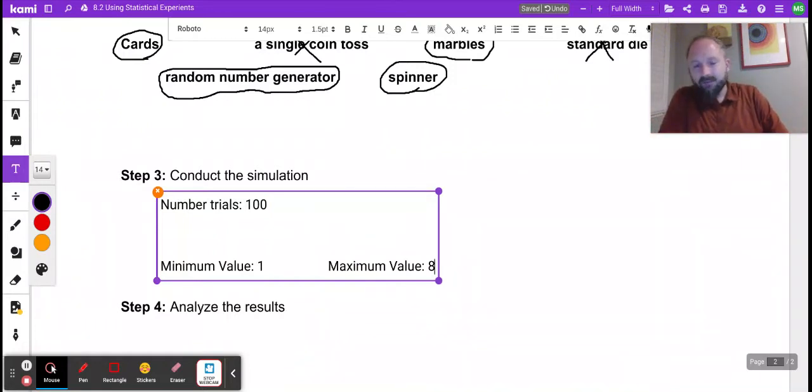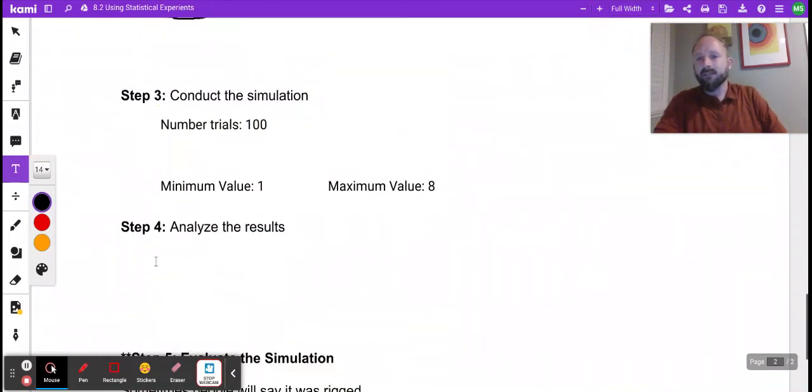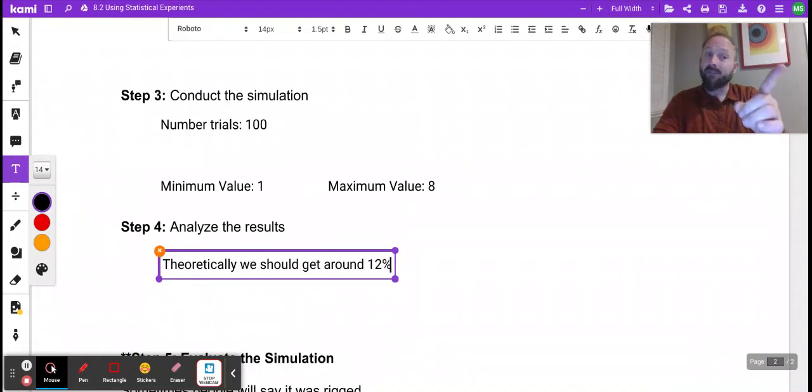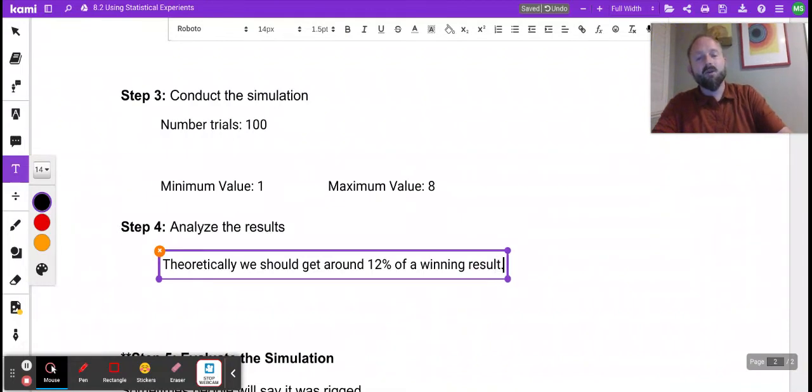Now we can analyze the results. We should get, theoretically, we should get around 12%, 12.5, remember, 12% of a winning result, or our winning result should be 12%.